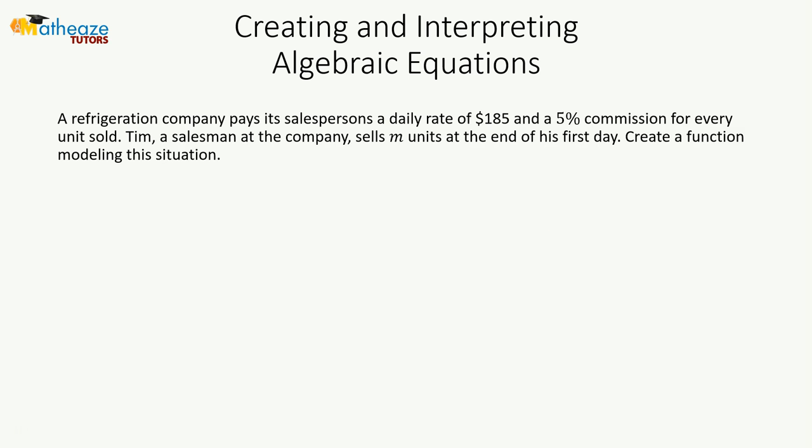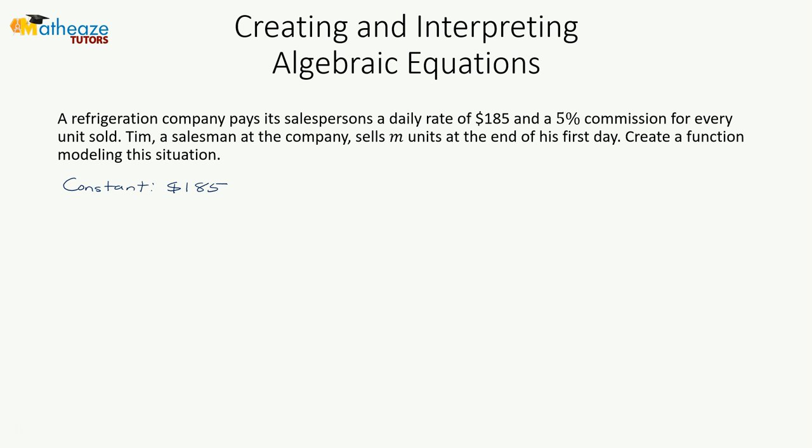A refrigeration company pays its salespersons a daily rate of $185. So this is constant. Doesn't matter how many sales the salesperson makes. We have $185 and a 5% commission for every unit sold.